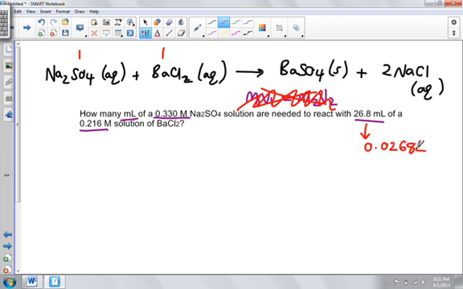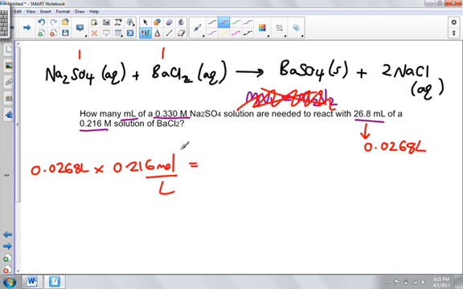0.0268 liters. So what we're going to do is take the information for the barium chloride that we have and figure out how many moles of that we have. So we've got 0.0268 liters of barium chloride times 0.216 moles per liter, also of barium chloride.